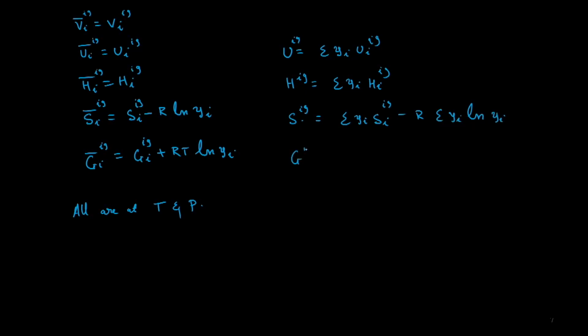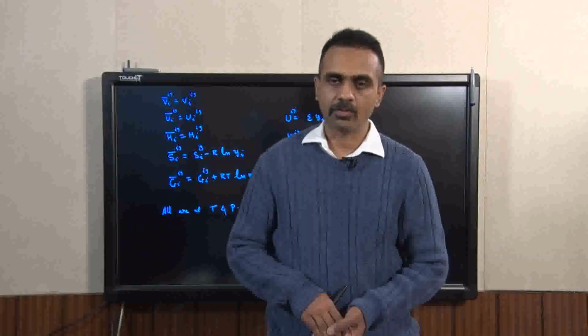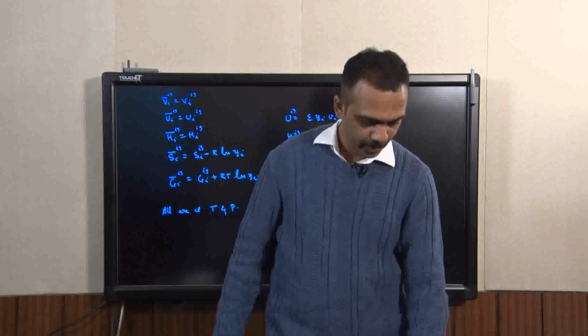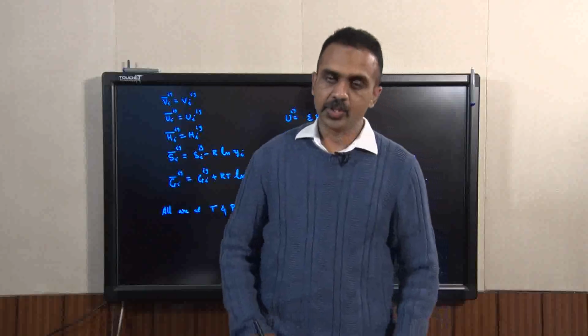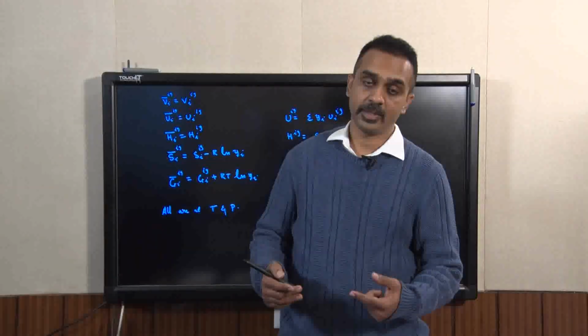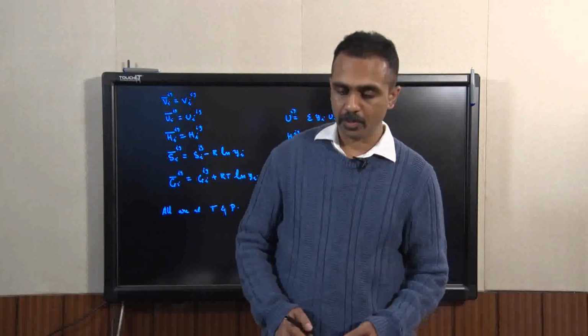And finally, the Gibbs free energy of the mixture is sigma yi Gi plus RT sigma yi ln yi. So we have derived the partial molar properties as well as the total properties for the mixture of ideal gases, right?